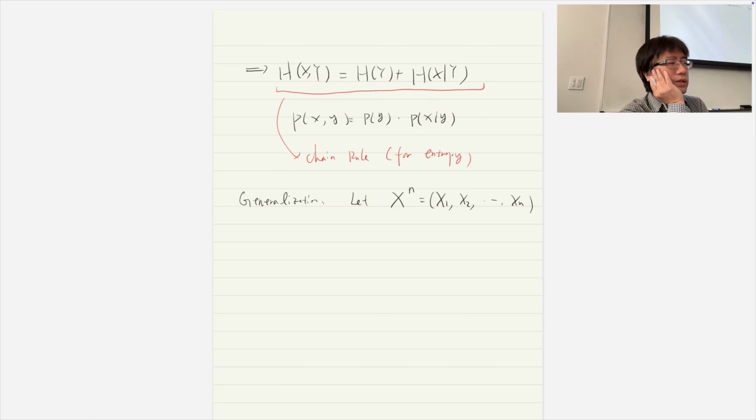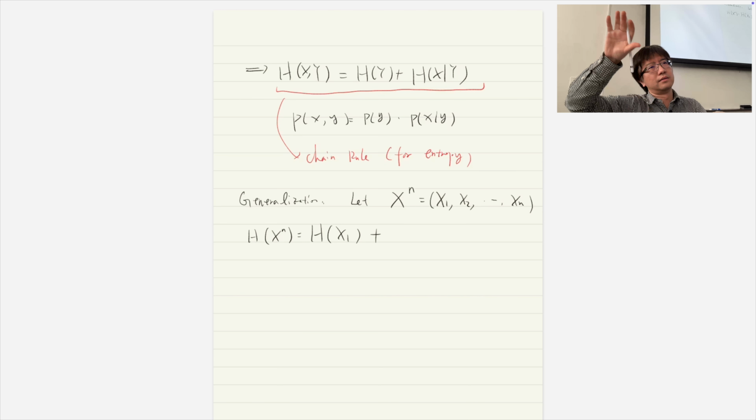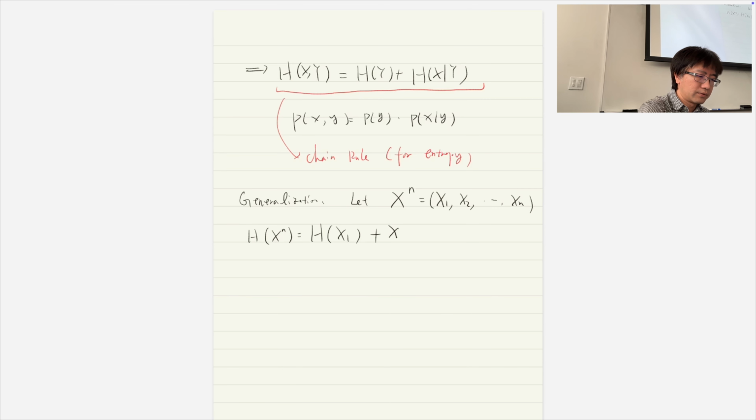By using this relationship, we get something very easy to remember. We take the first one out, and then we have everything else conditional on the first one, x1. And then we keep doing this. Eventually, this is what we get. If you cannot really see it, do the derivation from the definition, or compute it from here.